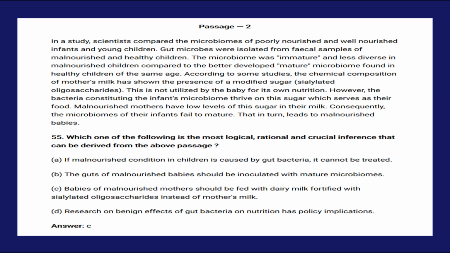C. Babies of malnourished mothers should be fed with dairy milk fortified with oligosaccharides instead of mother's milk. Sorry, it's a little bit difficult to pronounce. Option D. Research on the effects of gut bacteria on nutrition has policy implications.